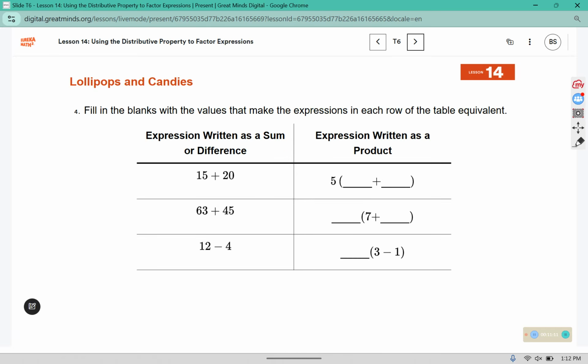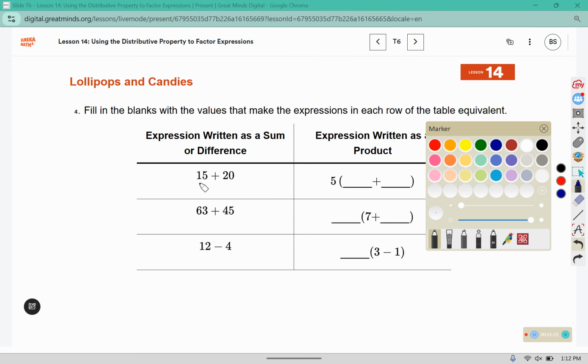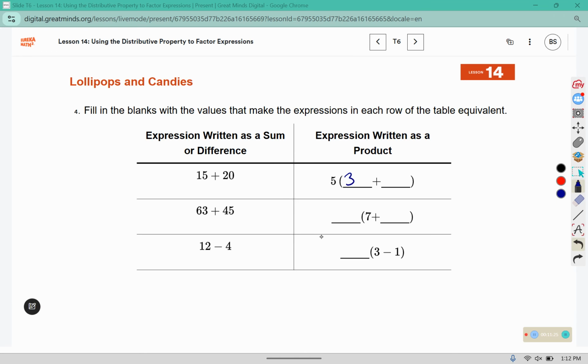We are going to fill in the blanks with the values that make the expression in each row equivalent. So we're thinking about 5 times what number gives us 15? 5 times 3 is 15. And 5 times what number would give us 20? 5 times 4 is 20.